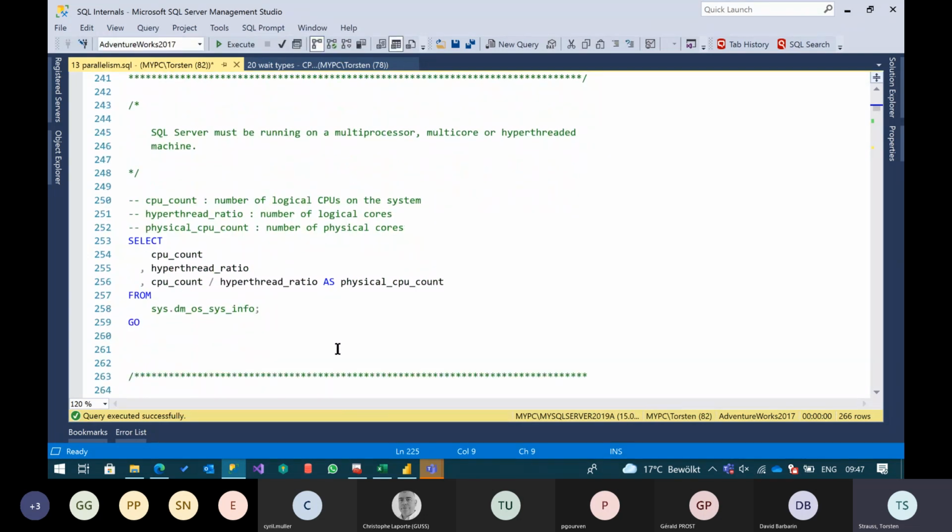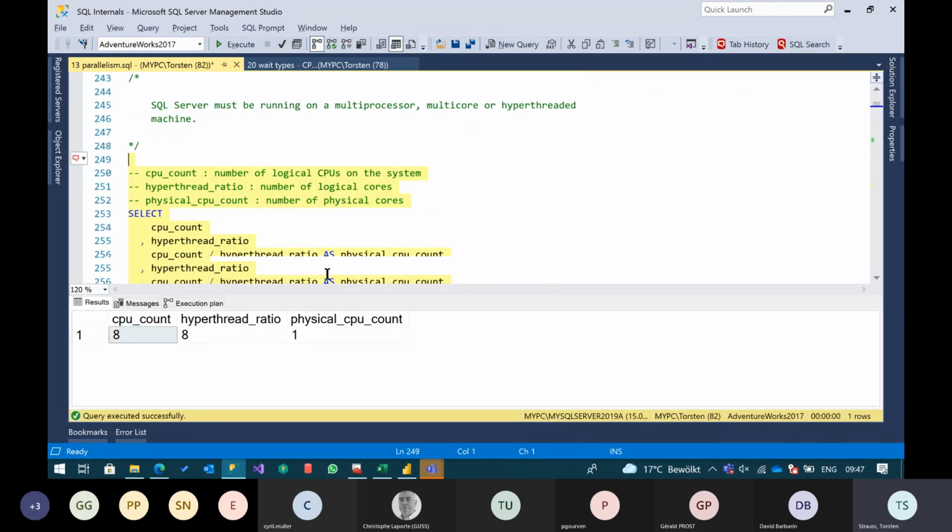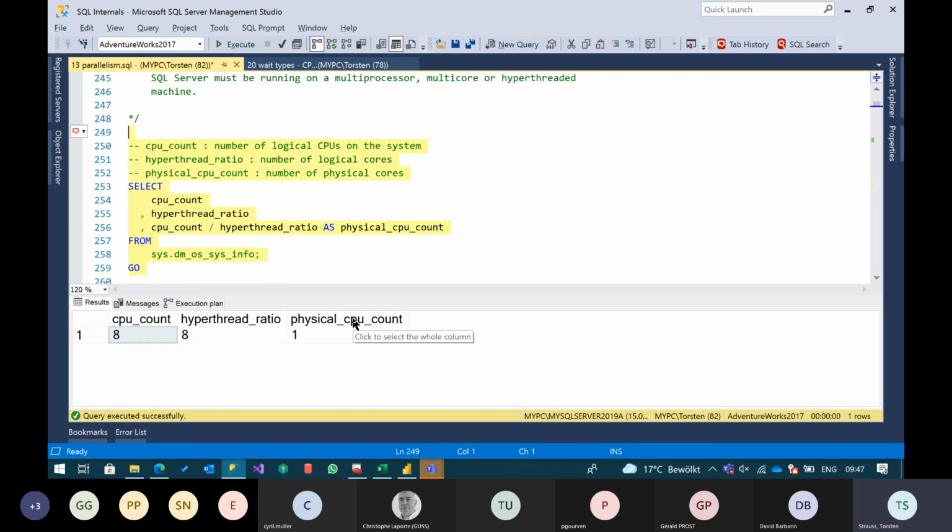Yes, so I will give you a few examples. First of all, there is one DMV which you can use, which is this sys.dm_os_sys_info. And apart from the 3 columns, you have much more columns. But with regards to parallelism, we have 3 information, or we have 2, because this is calculated.